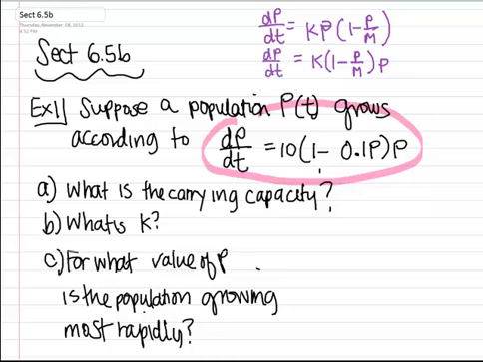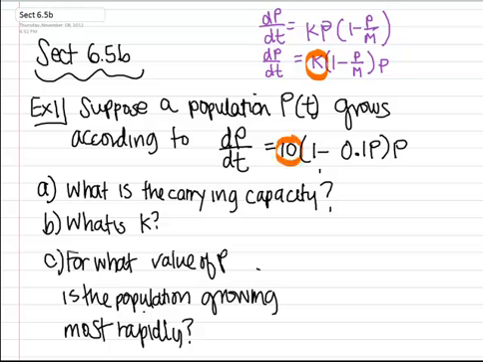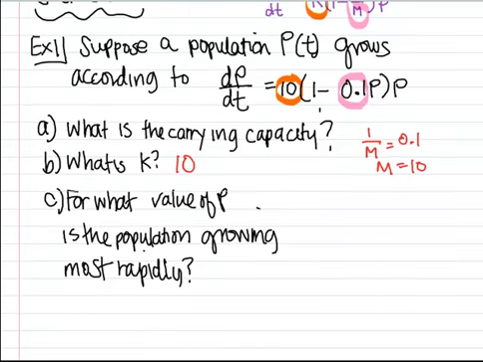So this would mean then that my k is equal to 10, and therefore this number right here, the 0.1, isn't exactly M, it's 1 over M. K is equal to 10, and 1 over M equals 0.1, which makes M also 10. Our maximum carrying capacity is 10.